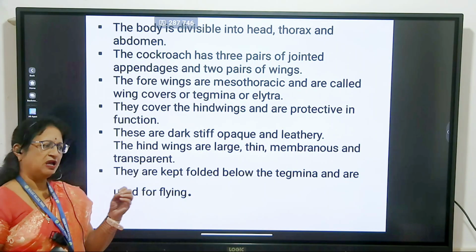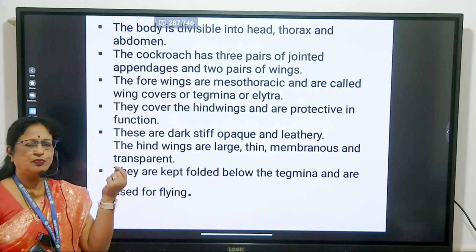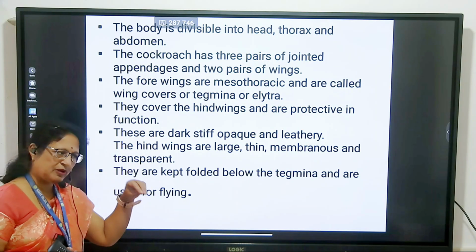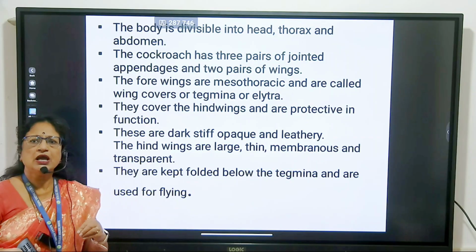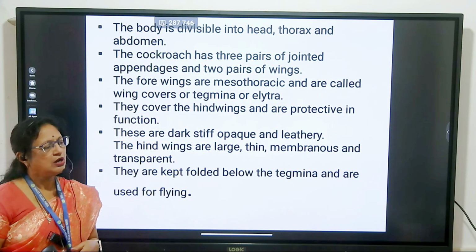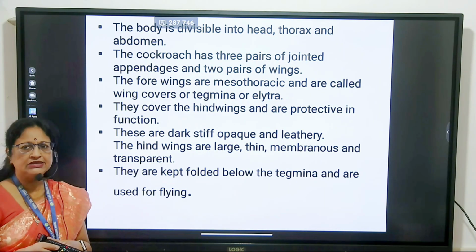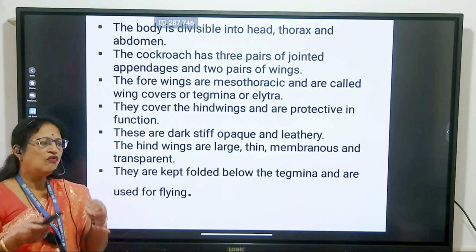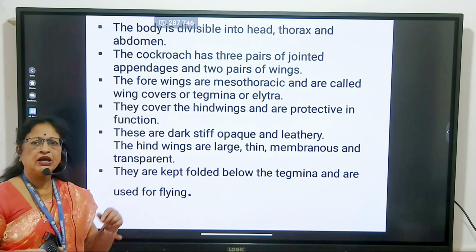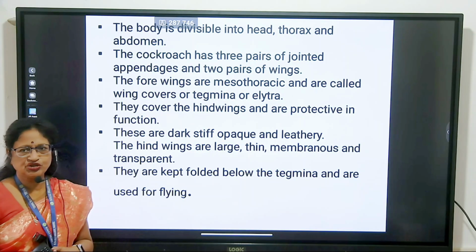In the case of the mesothorax and metathorax, one pair of wings is attached. The forewing is attached to the mesothorax and the hind wing is attached to the metathorax. Now, the metathoracic wing, that is the hind wing, covers the forewings, and that's why these hind wings are protective in function.